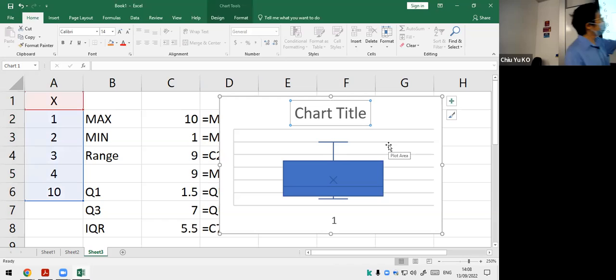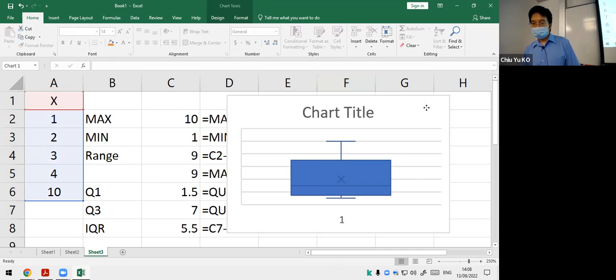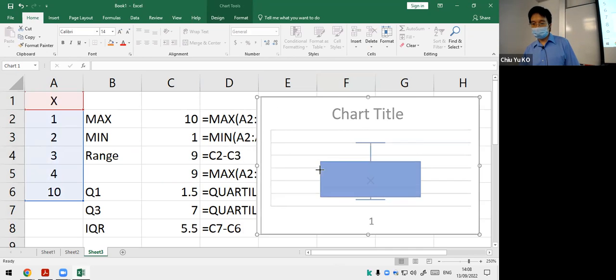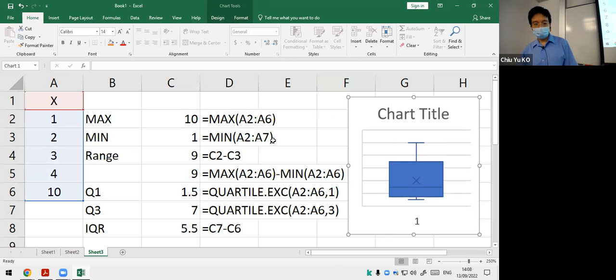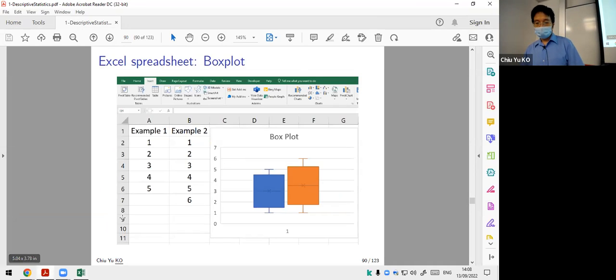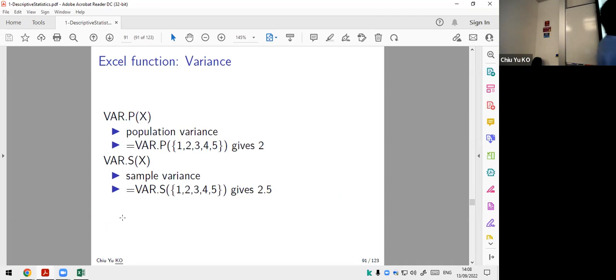So this is the box plot, right? This is the minimum, this is the maximum, and Q2, Q3, Q1. So this is the box chart. I think you don't have any problem plotting this chart by yourself. And then the next thing I want to talk about is variance.